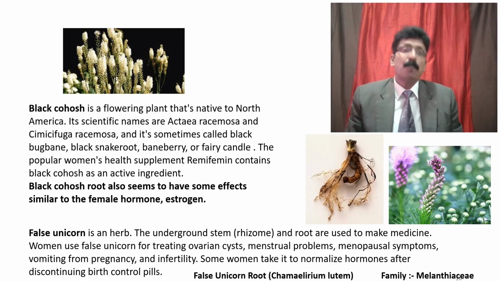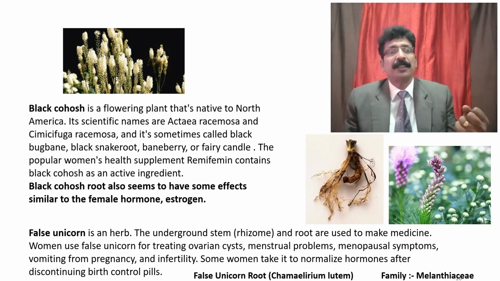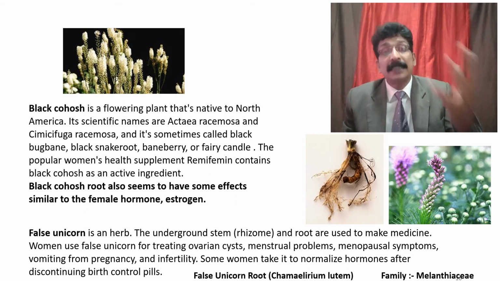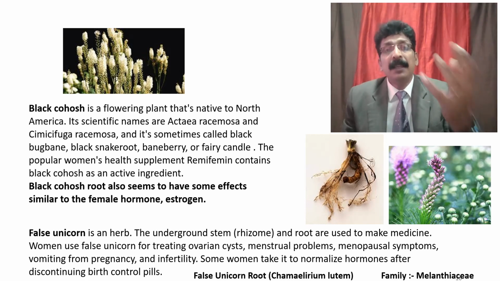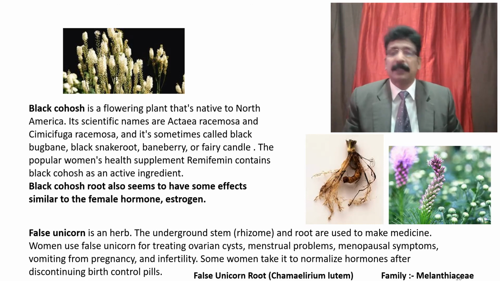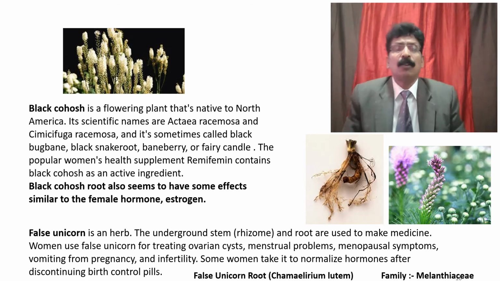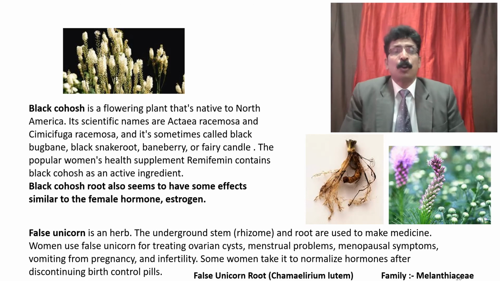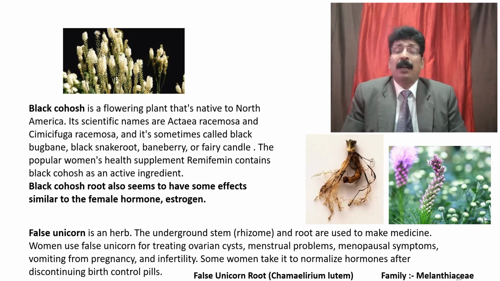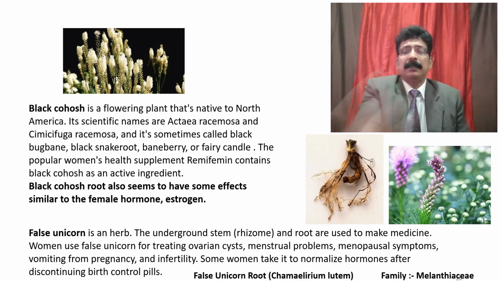So black Cohosh is an active ingredient present in Remifemin, a marketed product. Black Cohosh root also seems to have some effect similar to the female hormone estrogen. See that root, see the plant and the root which I have shown there.